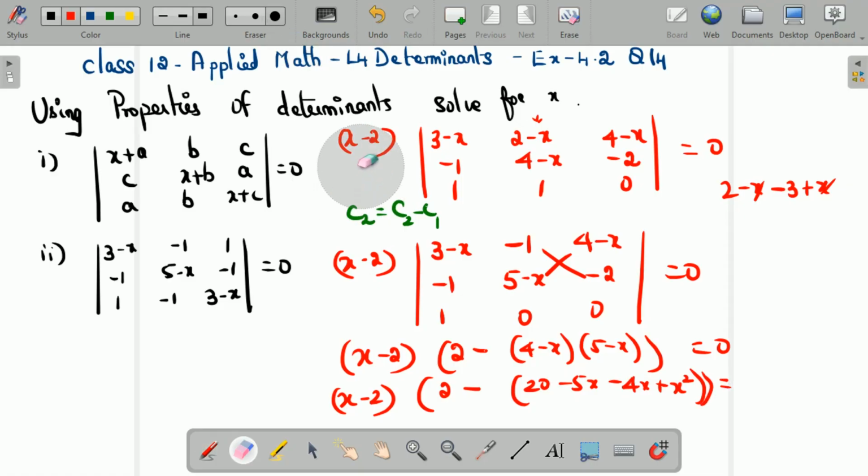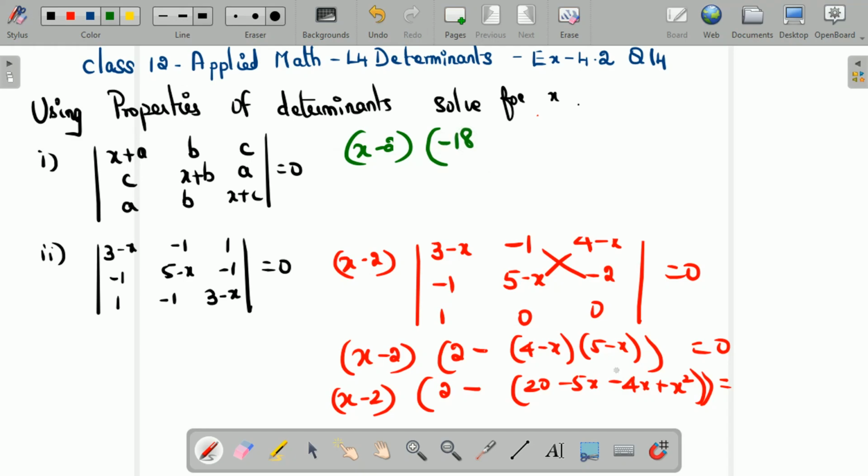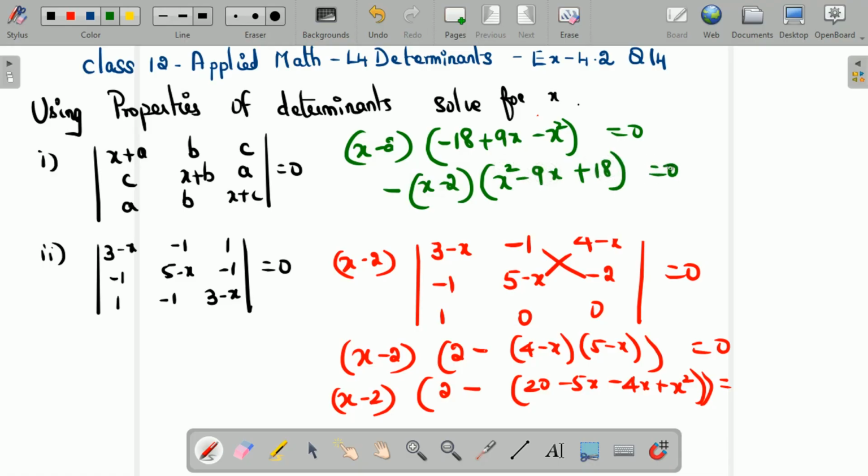Now we are going to make this a quadratic equation and we will be splitting the middle term. So before that, let's remove this negative sign term-wise. So x minus 2, I am taking this negative sign inside. So 2 minus 20 is minus 18. Minus 9x will become plus 9x and minus x squared is equal to 0. I'm going to take this minus sign entirely outside. So this is x minus 2 into x squared minus 9x plus 18 is equal to 0.